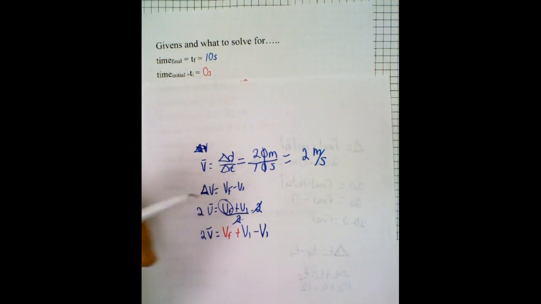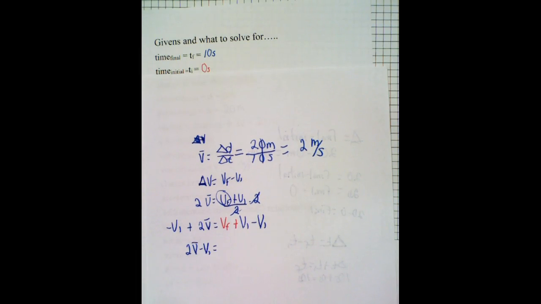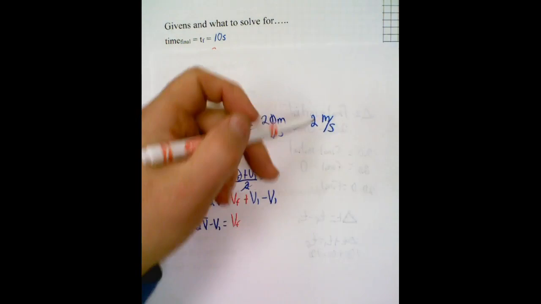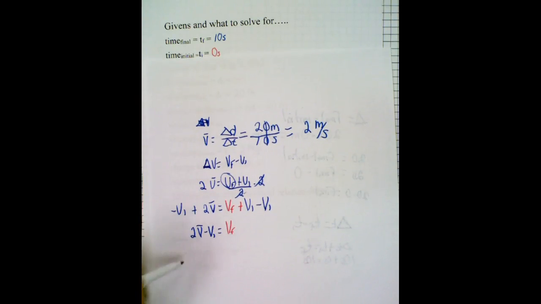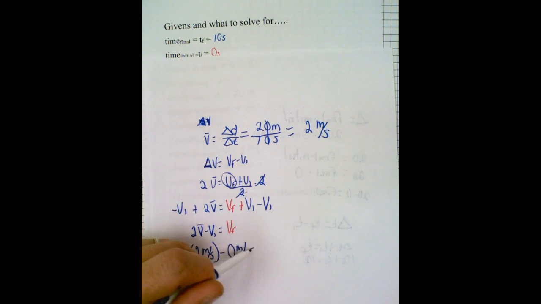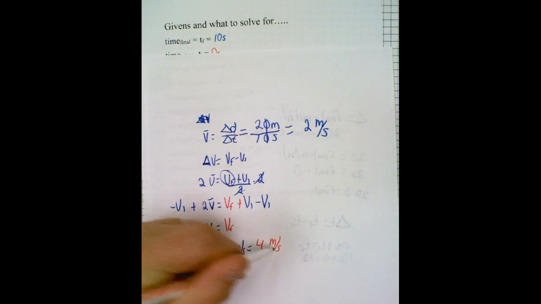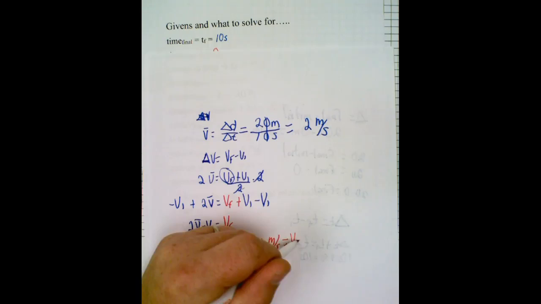Subtract velocity initial from both sides, and I end up with 2 times velocity average minus the initial velocity is equal to velocity final. I have that up there, so 2 times 2 meters per second minus 0 meters per second equals 4 meters per second, which is equal to velocity final.